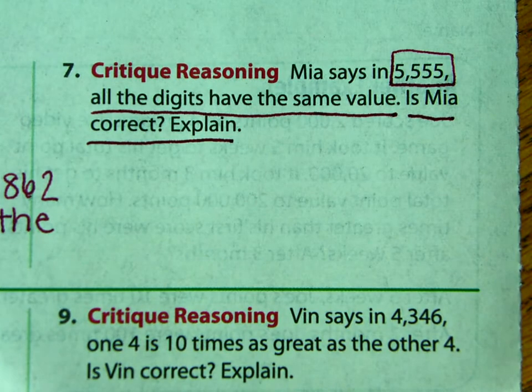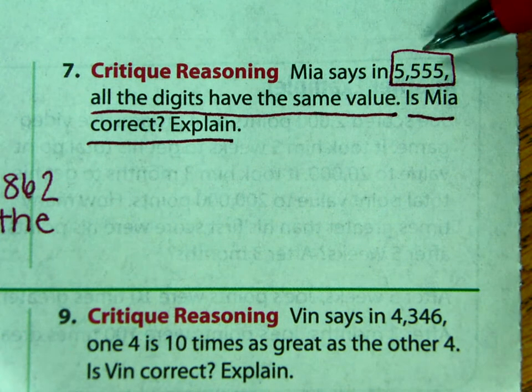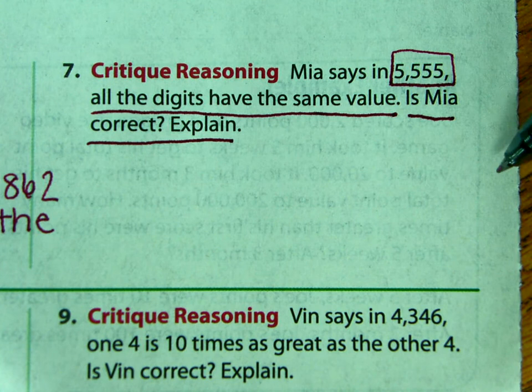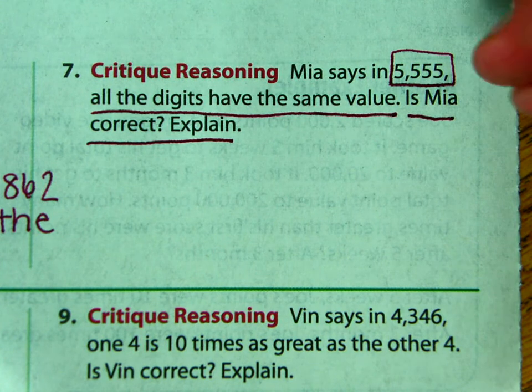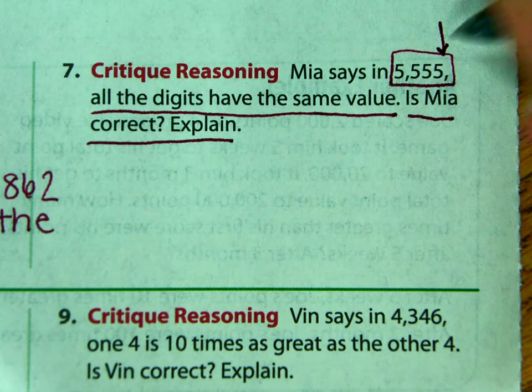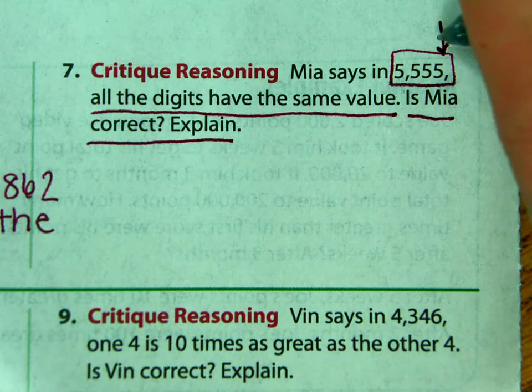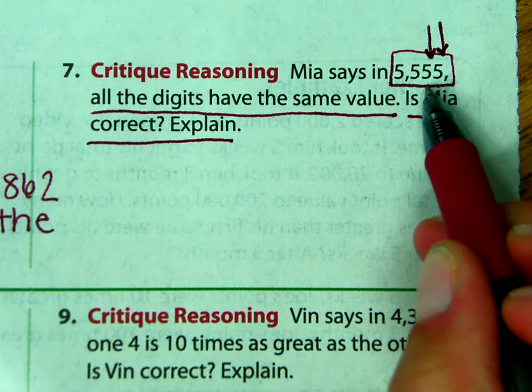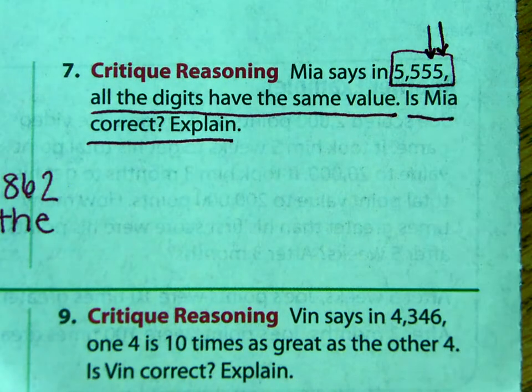So right away when I look at this number, 5,555, I can see that all of the digits are the same. They're all 5s. But when I think about the value, if I walk into a bank and I have 5 ones in my pocket, just 5 ones, but you walk in and you have 5, and that's in the tens place, so you have 5 tens, do we really have the same amount of money?